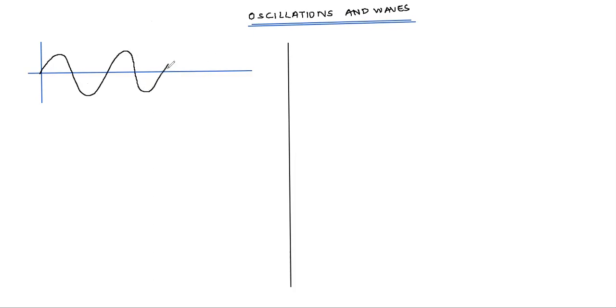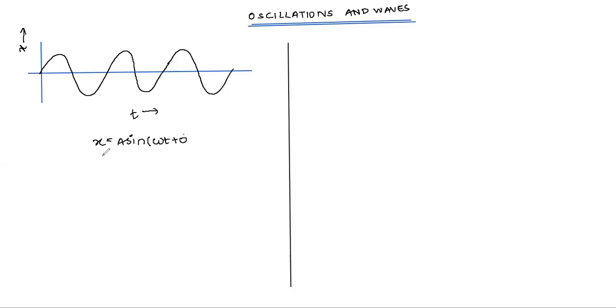And we understood that harmonically means as a sine or cos function of time, right? So we had plotted displacement on y-axis and time on x-axis and told that this is of the form x is equal to a sine omega t plus phi.